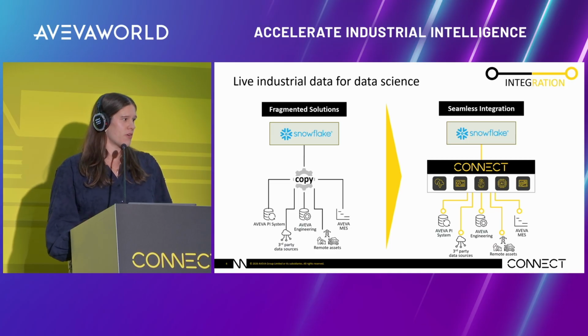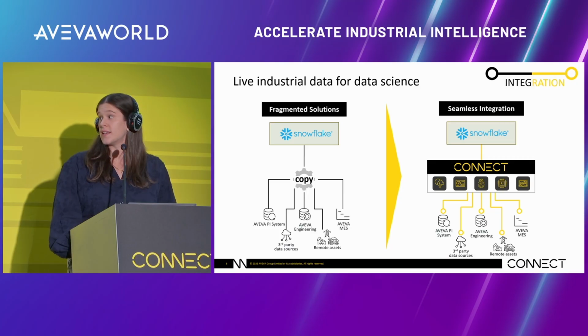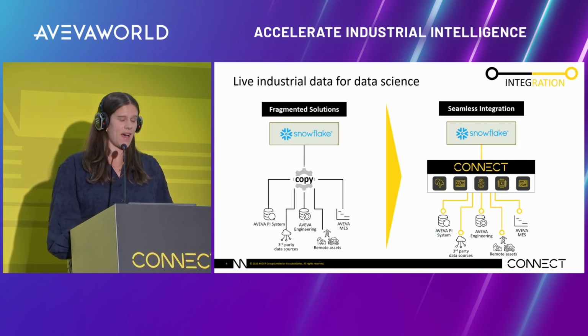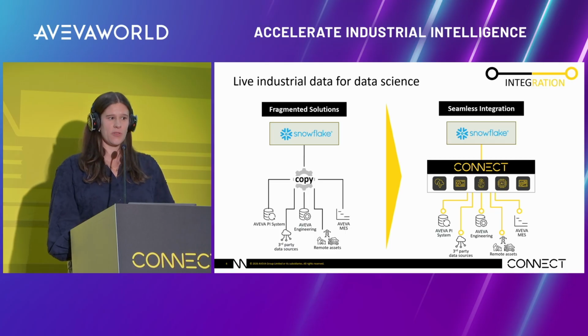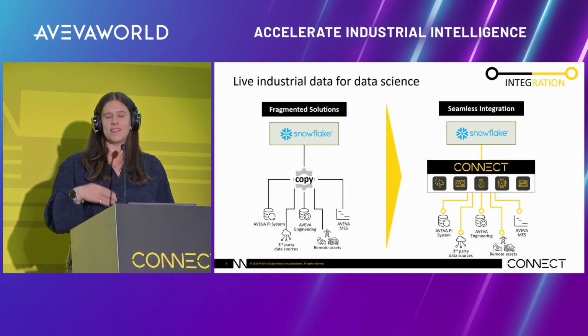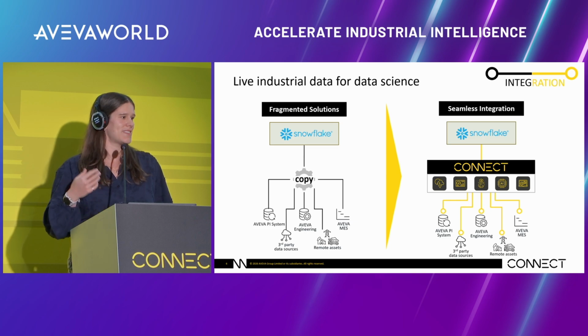So that's a big pain point for some customers. And then thirdly, every time you want to add new data up into Snowflake, you probably have to configure a new pipeline or make a new solution for it. So it takes time. Every time you want to add new data, it's an extra lift for you guys.